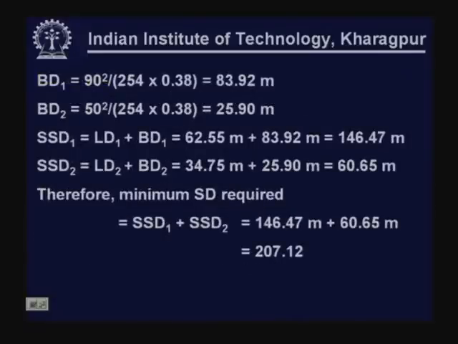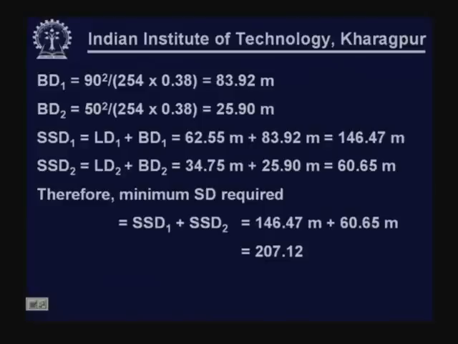Now, we shall calculate the braking distance, V square by 254 f. For the first vehicle it is 90 square divided by 254 into design f, which is 0.38. So, that is 83.92 meter. For the second vehicle it is 50 square, because 50 is the speed, divided by 254 into f, the design value of f being 0.38.